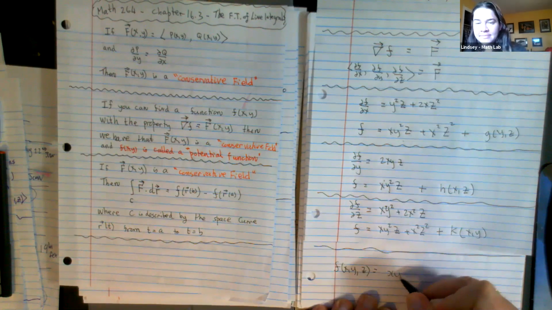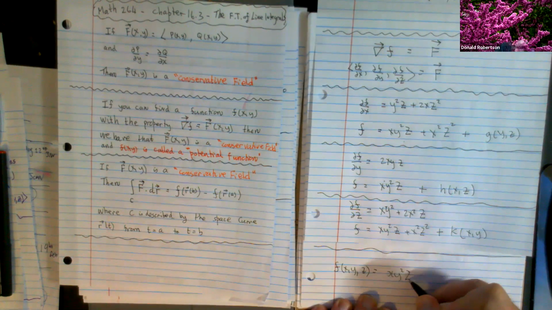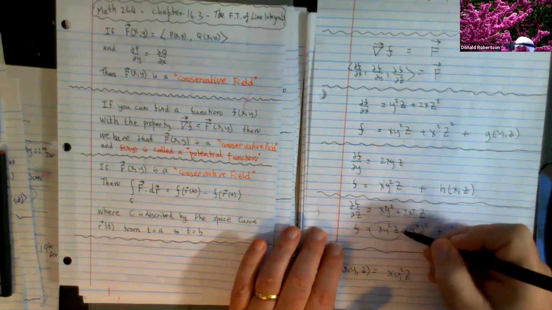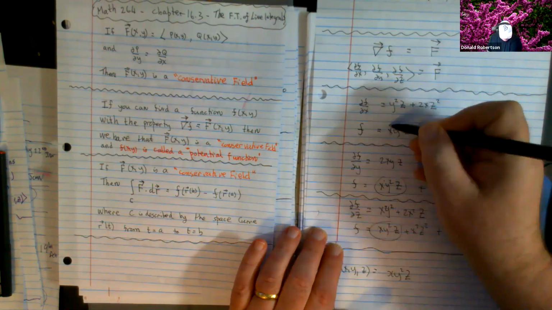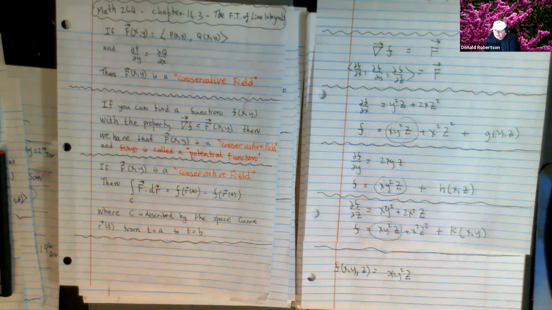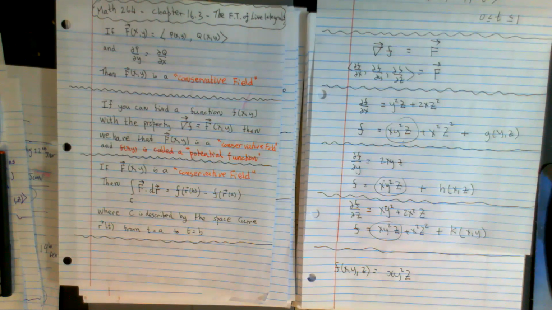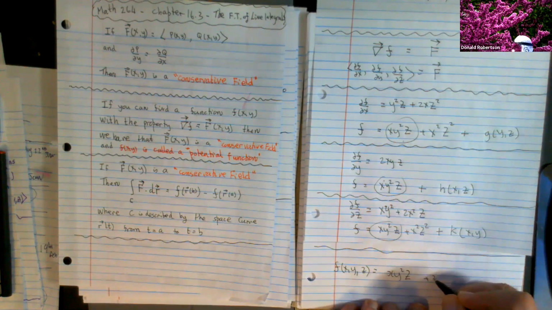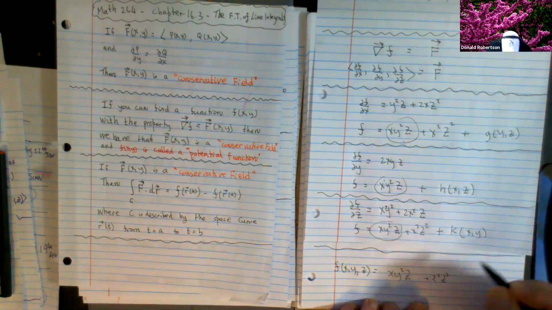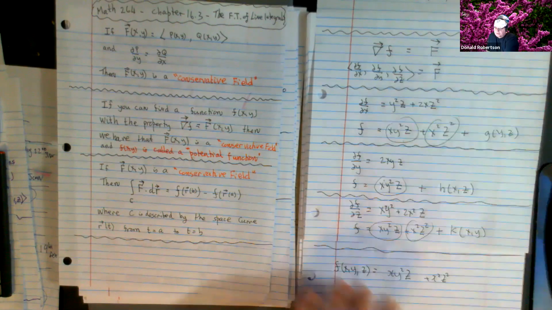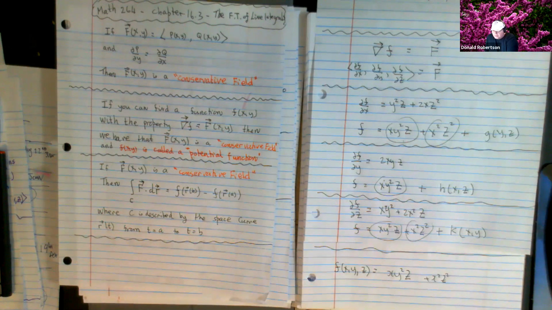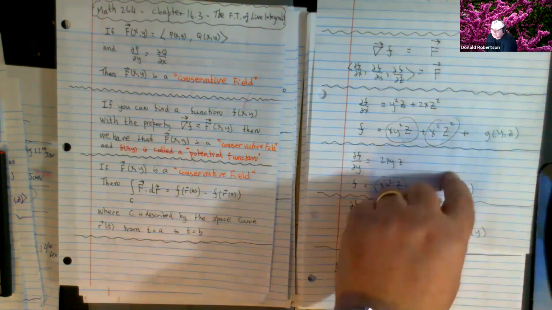Okay, let's pause on that. Would you agree that there's an xy squared z? Great. Anything else? X squared and z squared. Right. And you notice we're not adding them, we're just saying, look, you've got an x squared z squared. Isn't that basically everything that's there? The others are just placeholders so that you could do what we just did.